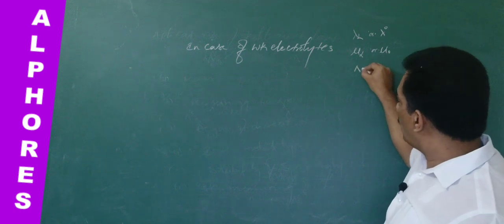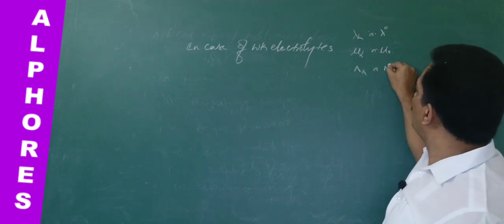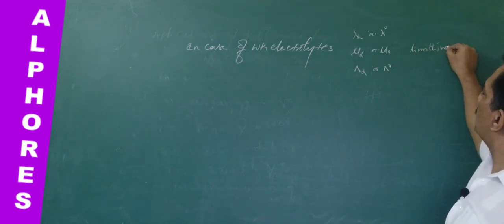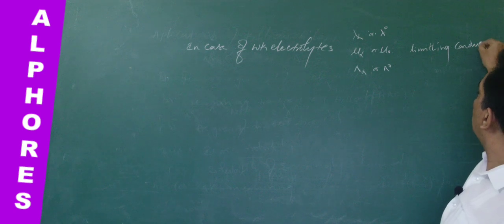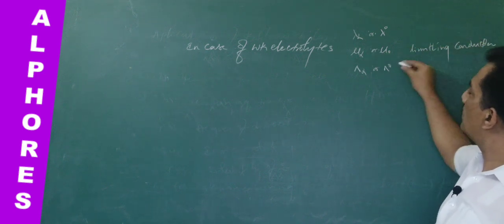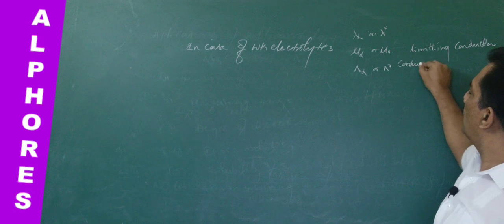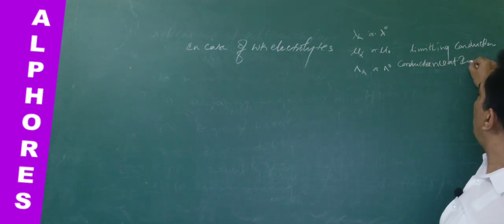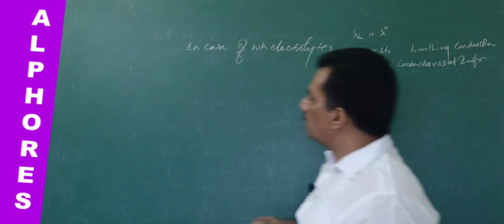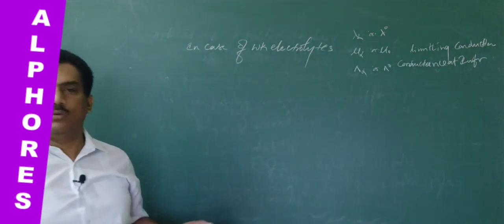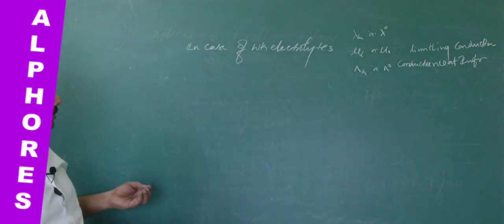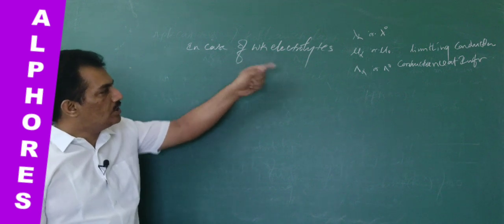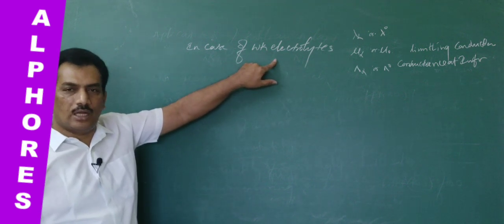This is the limiting conductance, also known as conductance at infinite dilution. In case of weak electrolyte, it is not practical to measure this conductance.